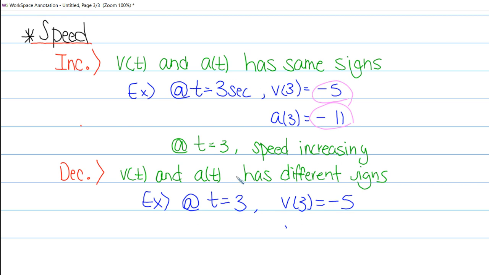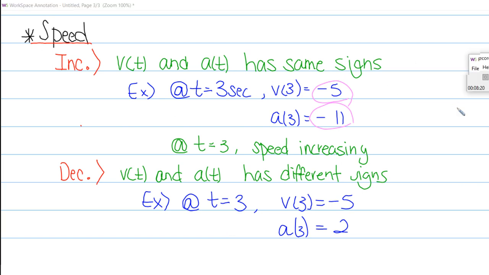However, my a sub 3 was 2. Then we know that speed is decreasing at time equals 3. Now, it's not very often, but they do ask whether or not speed is increasing or decreasing at a certain point, and this is how you can tell.